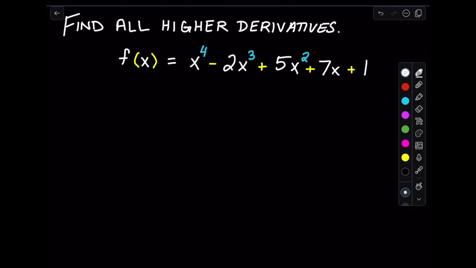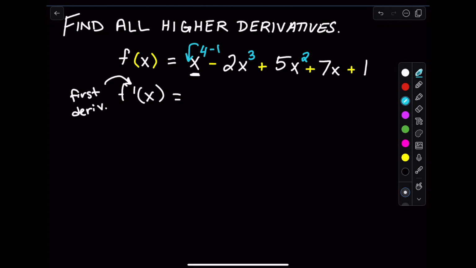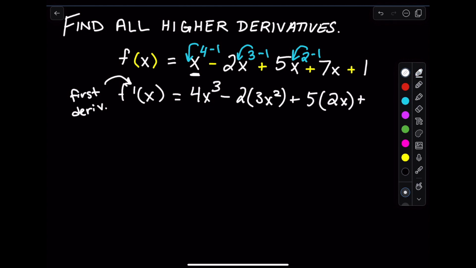To begin, we first find the derivative of the function, f prime of x. This notation simply means the first derivative. So first, the derivative of x to the fourth is 4x cubed, minus the derivative of 2x cubed, which is 2 times 3x squared, plus 5 times 2x plus 7 plus 0.